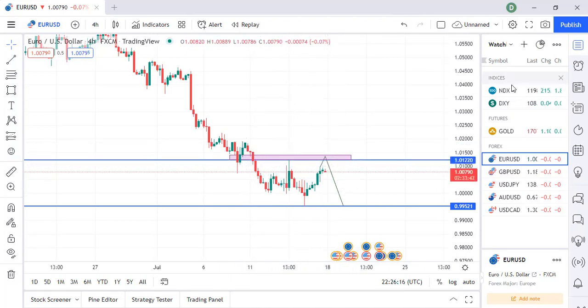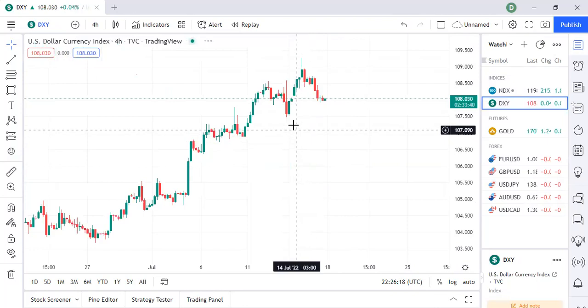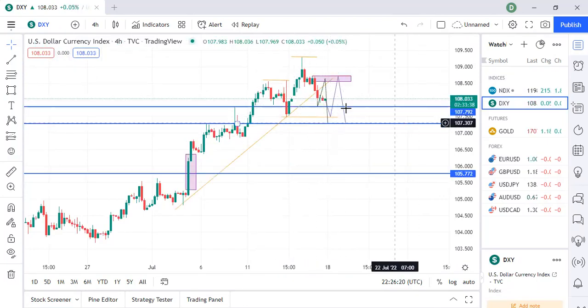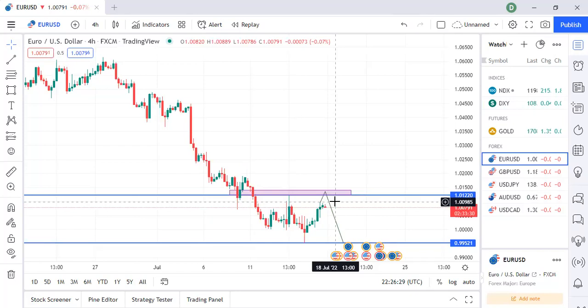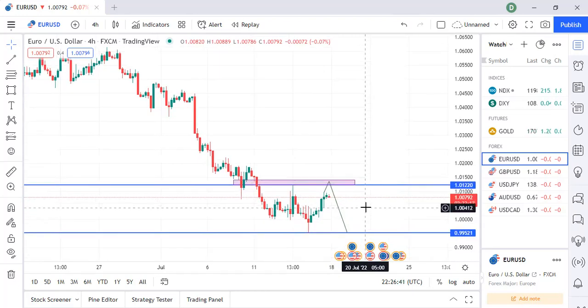Now remember that DXY is making a pullback. As long as DXY is pulling towards the downside, we will be seeing XXX USD pairs going to the opposite side. So I'll still expect EURUSD to make some upward move, and then we might see a downward move.